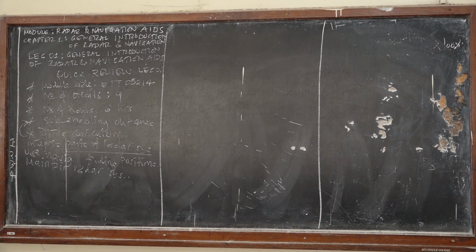The fourth sub-enabling outcome: apply knowledge of telecommunication. From there, all the next sub-enabling outcomes need you to apply knowledge of telecommunication.